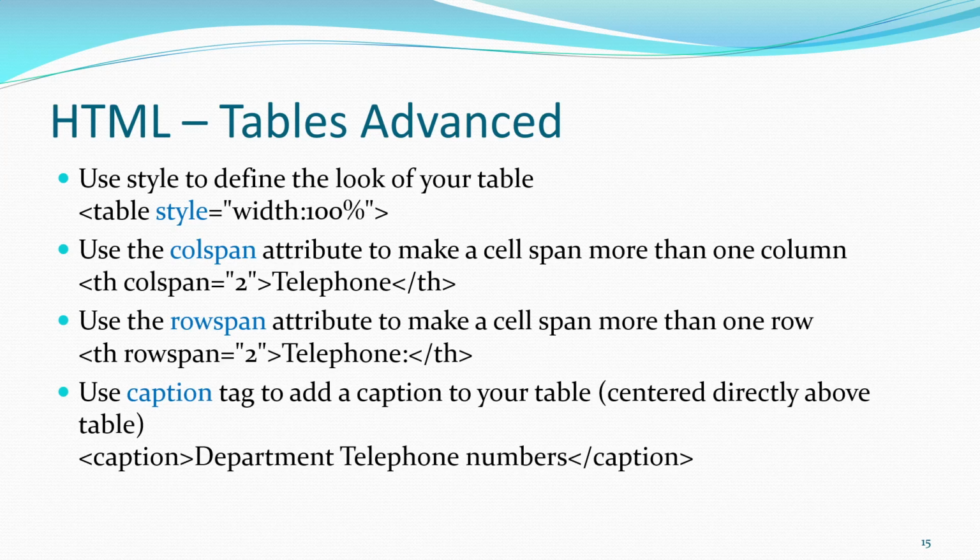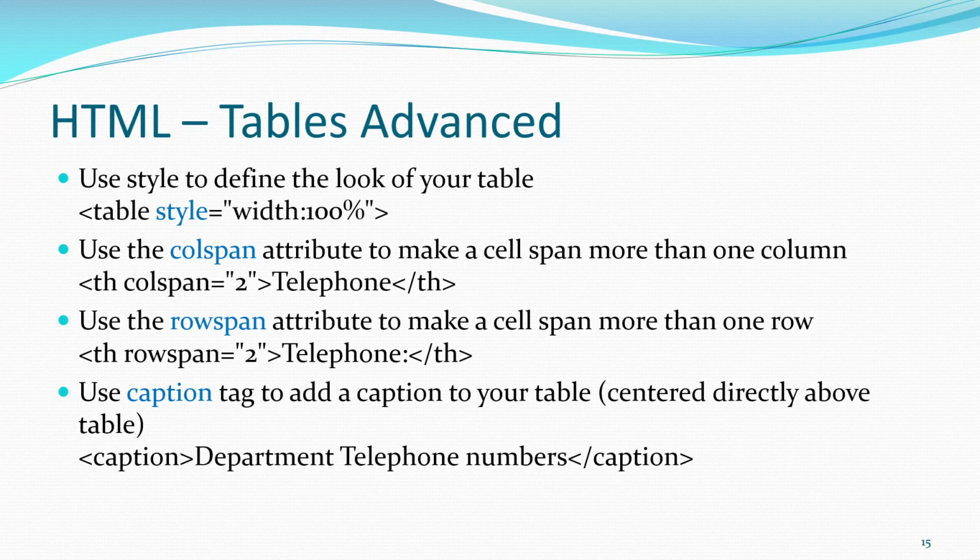Now, some of the options you have is to specify using different key tag words, if you like. Style, so this one you can specify the width. You can either specify it in number of pixels or a percentage of the displayed screen.